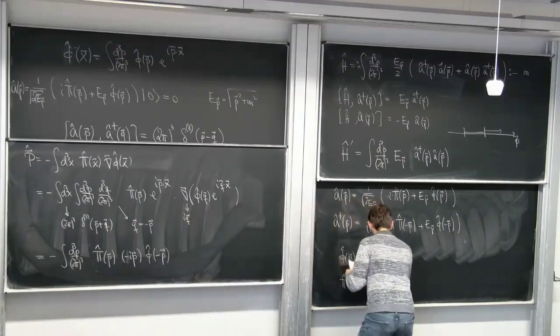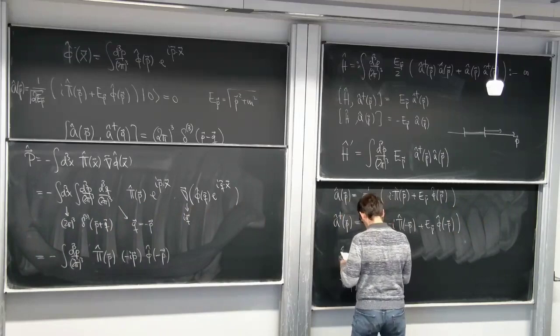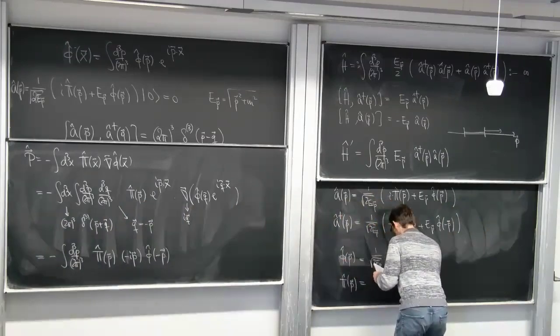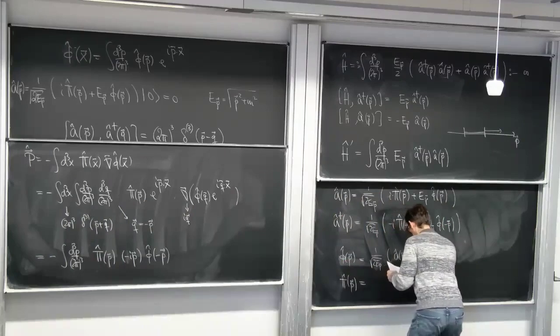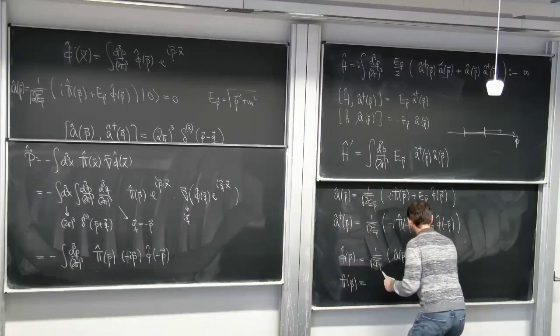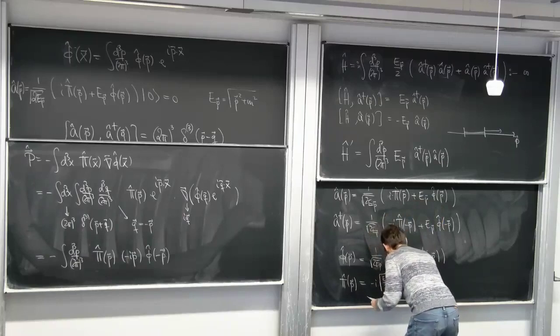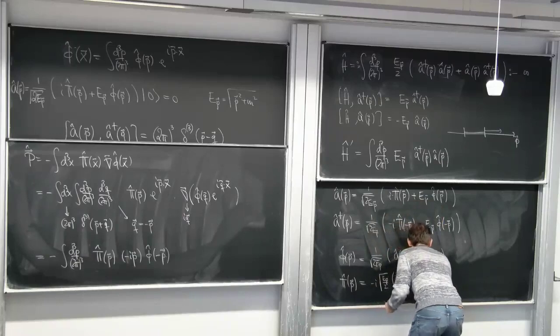This is 1 over square root of 2 d. I should have known this by heart. But anyway, it's a of p plus a of minus p. And this is minus i square root of p half, and then the difference, a of p minus a dagger minus p.